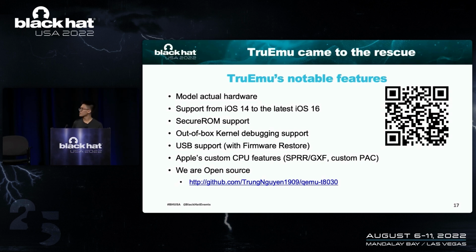We also support SecureROM and iBoot, but that is very experimental, very new. You can also debug the kernel with it very easily. It also has USB support, so you can install real iOS. It also supports some custom CPU features by Apple, and the best part is that we are open source, so you can check out our repo, which is in the QR code on the slide.